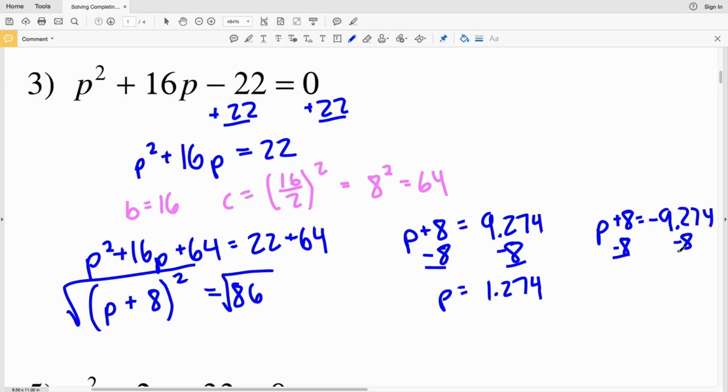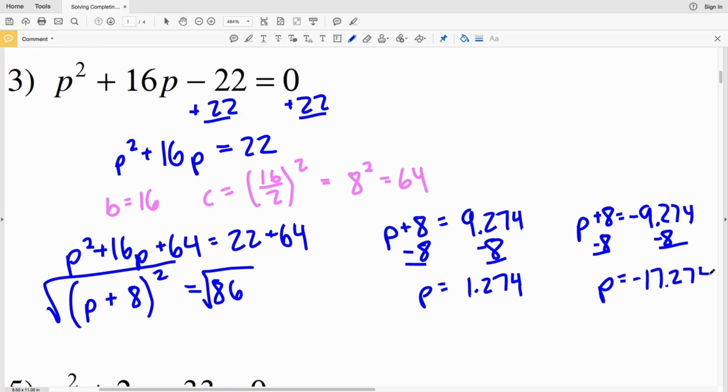Then for the second equation, I'll subtract 8 from both sides to get that p is equal to a negative 17.274. And on the answer sheet, they got 17.273. However, I rounded up as opposed to just truncating or rounding down.